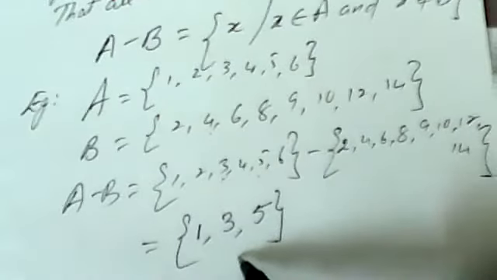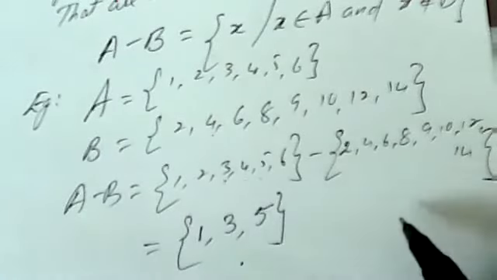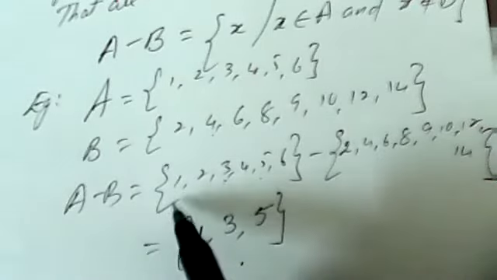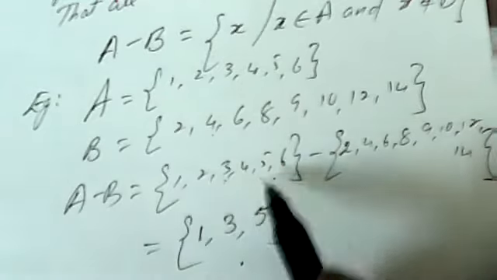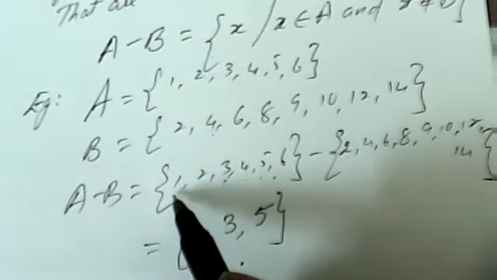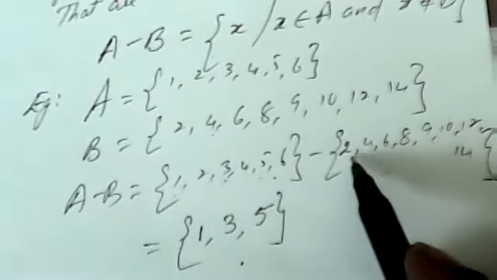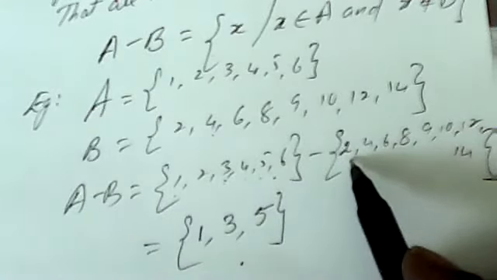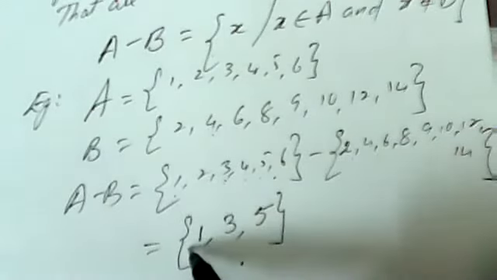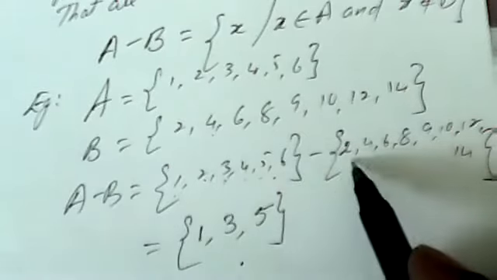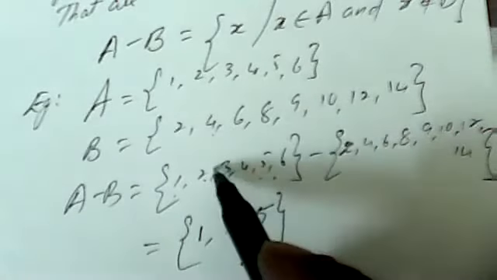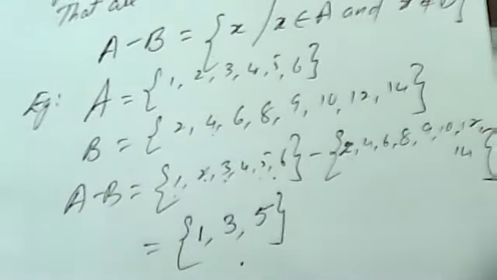ओके? आप ऐसे भी कर सकते हैं. सिर्फ you have to see only first, and then 1. See the element 1. 1 is in B or not? Not. So you write it down. 2. 2 is in B, so you strike it off. You should not write this. Okay?